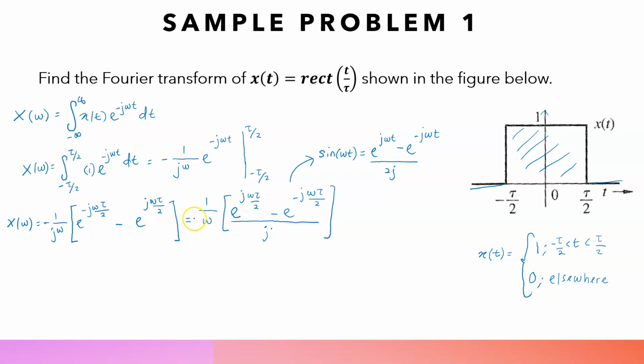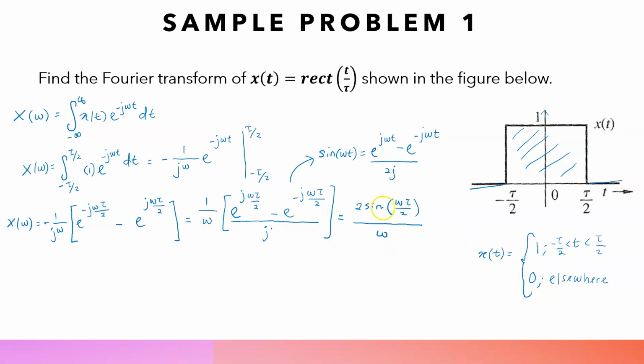So this one we can actually replace with 2 sin, so instead of ωt, we will have ωτ/2, divided by this ω.